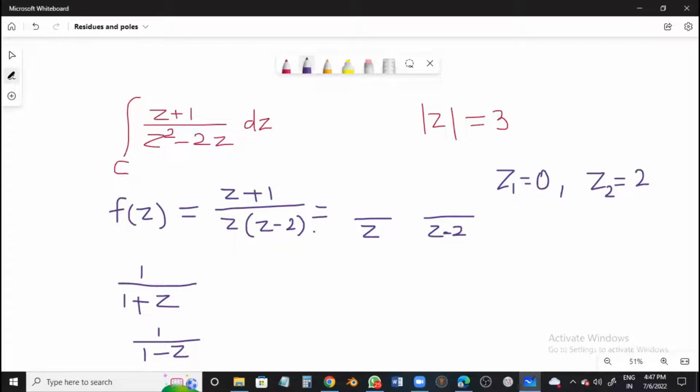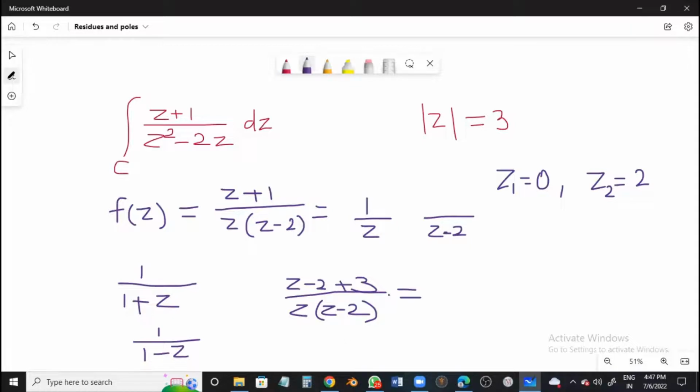You may write this as z minus 2, and because you have subtracted 2, you need to add 2. So this becomes plus 3, and upon you have z into z minus 2. So what do you get out of this? If you split it up, z minus 2 gets cancelled and you get 1 by z.